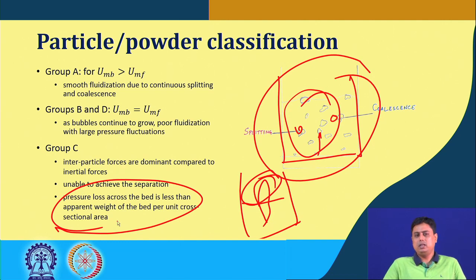If that happens, you can sense that this particle is group C type of particle for your operating condition.